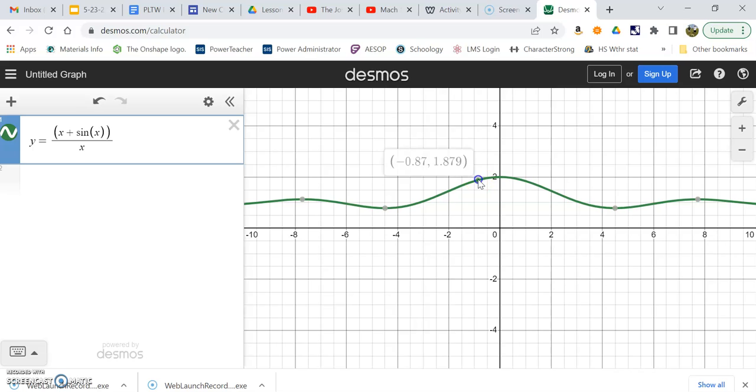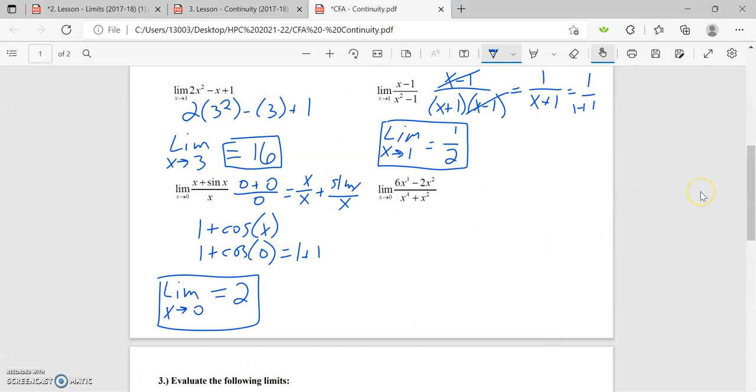Graphically, as x is approaching 0, hey, look at that. We do have a hole right here, because we have a term that canceled with the bottom. But from left and right, we're approaching 2. Because you would have had no idea how to find that derivative I showed you, graphically you can say the limit is 2.